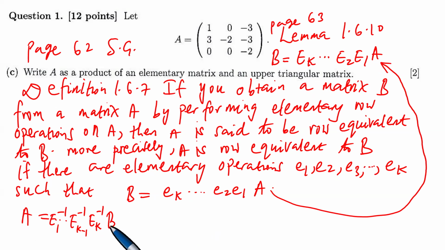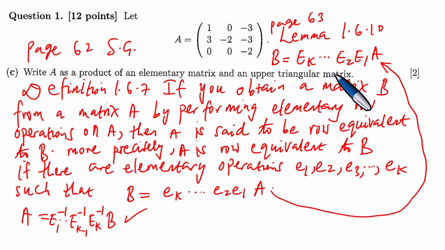But you see, it's not good to memorize this. As much as they ask this, it's easy to say: what is the first row operation on A? That is elementary matrix 1, E1. And then what is the next elementary operation?